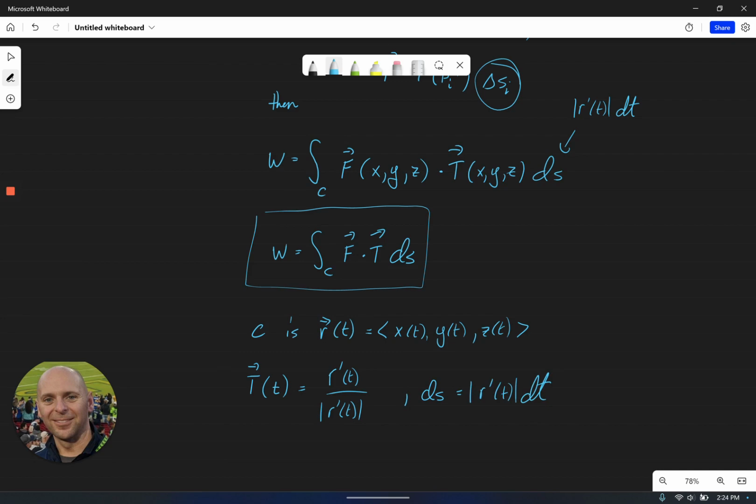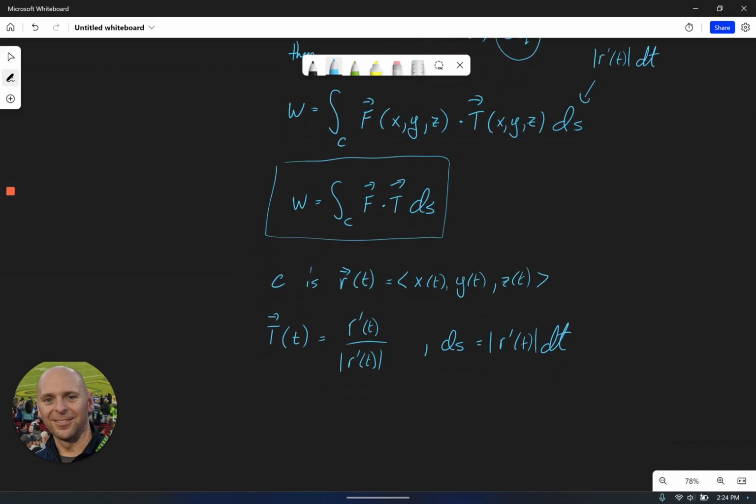And the reason why I'm doing this is that we can actually replace up above here in our integral the T times ds and make a new version of this. We take the integral over the curve C of F evaluated at the curve, which would be F of r of t, times T, the unit tangent being again r prime of t over the magnitude of r prime of t.